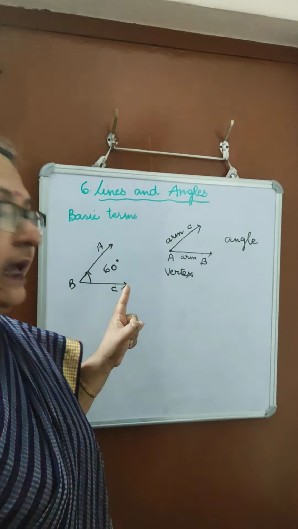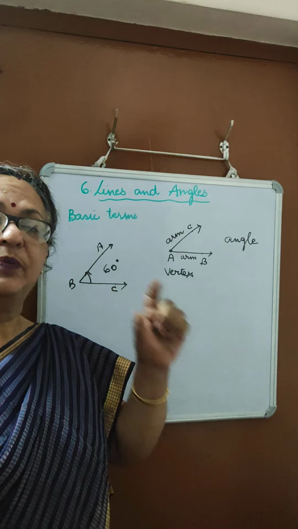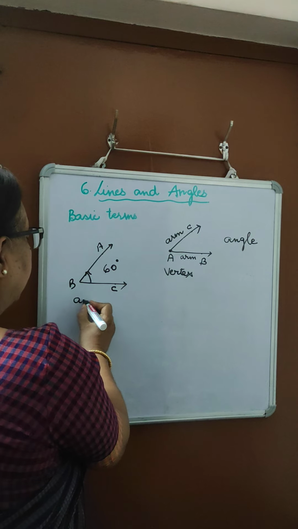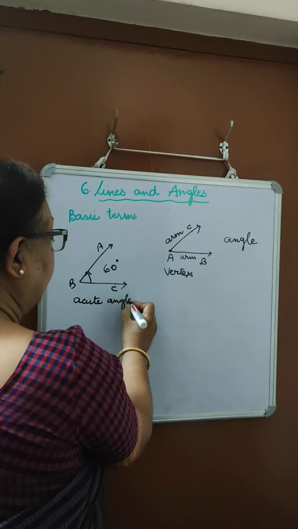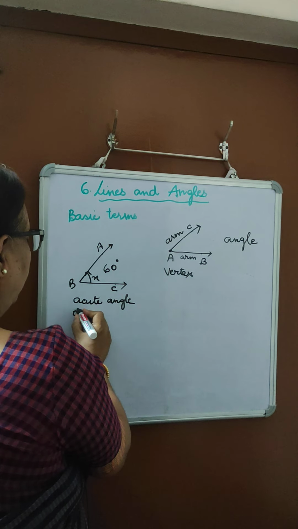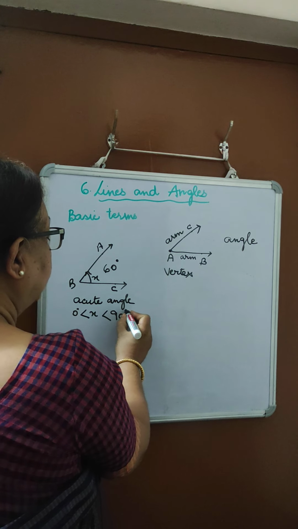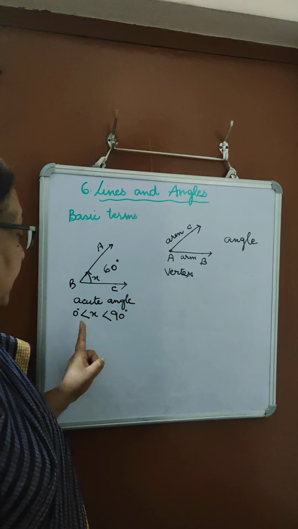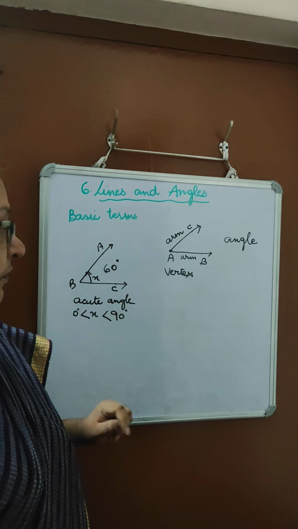So an angle whose measure lies between 0 and 90, we call an acute angle. For an acute angle, suppose this angle is x, then 0 is less than x, less than 90 degrees.